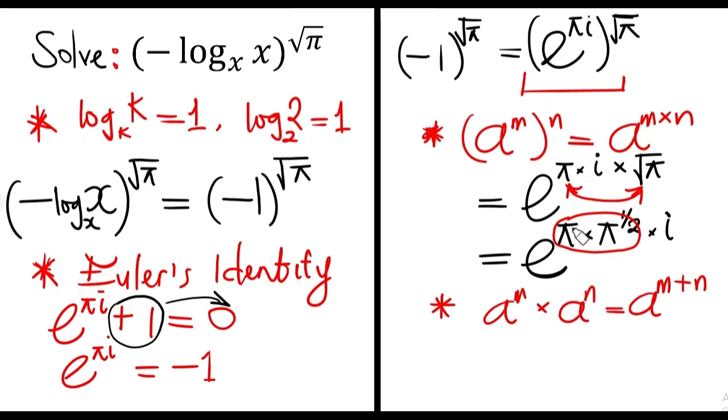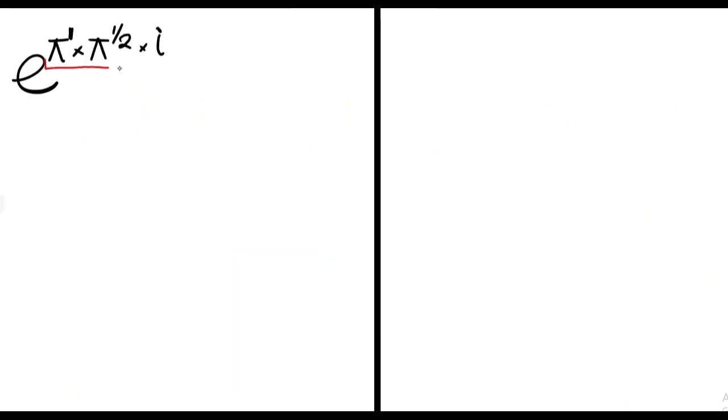So pi to the power of 1 is here, and half is here, so I'm going to add both exponents together. 1 plus half gives me 1.5, and 1.5 is the same thing as 3/2. Now we're going to have exponential of pi raised to the power of 3/2 times i.